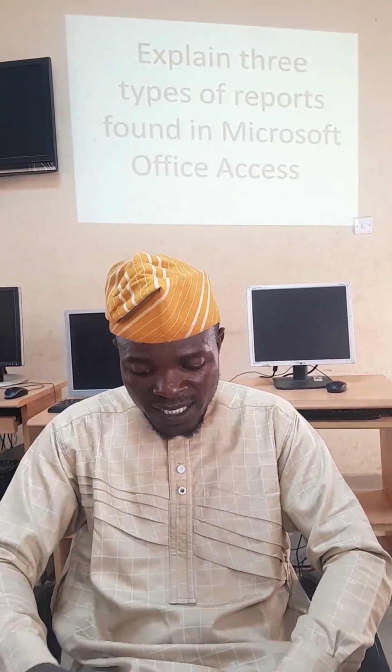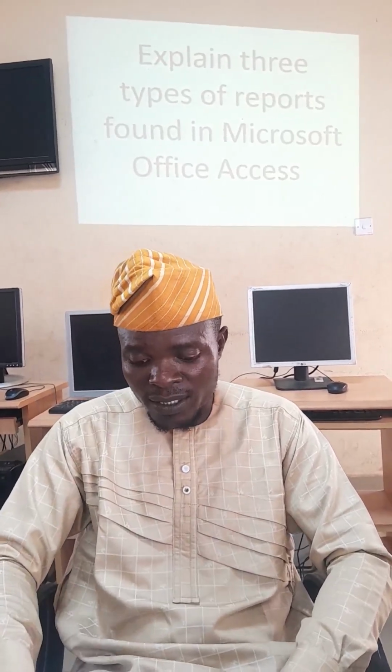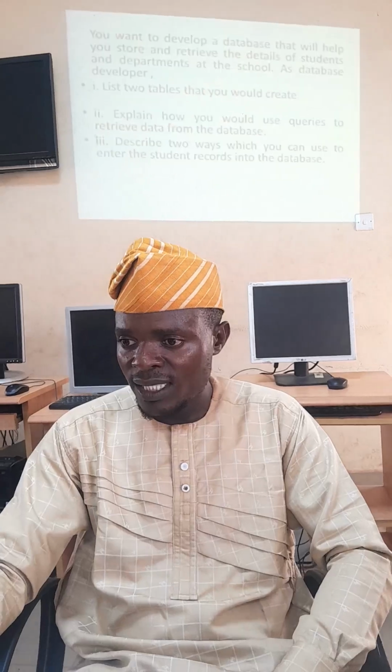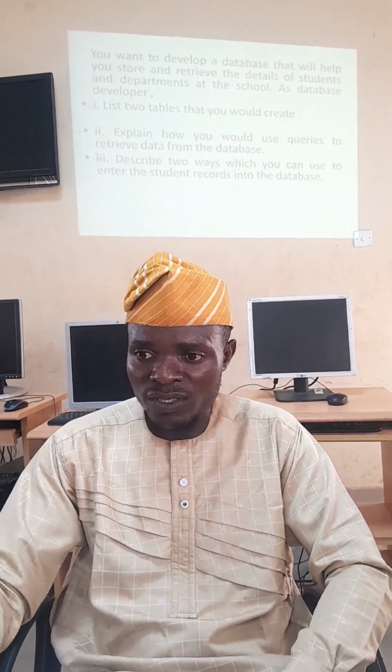At our convenience, let's take our textbooks, or go online to find a simple explanation of these forms of report. So let's move to the next question so that we won't waste our precious time.